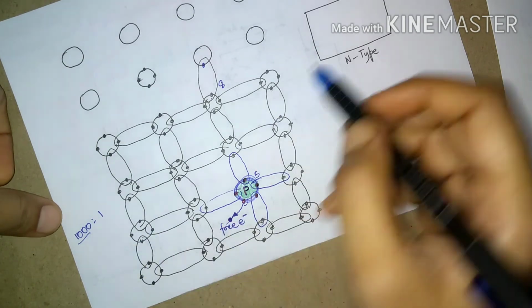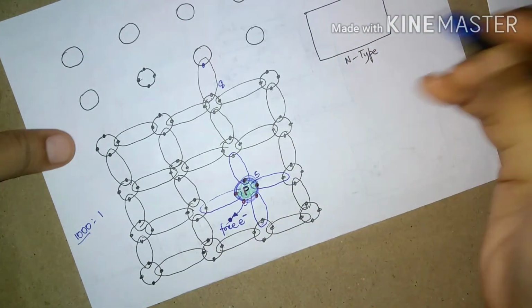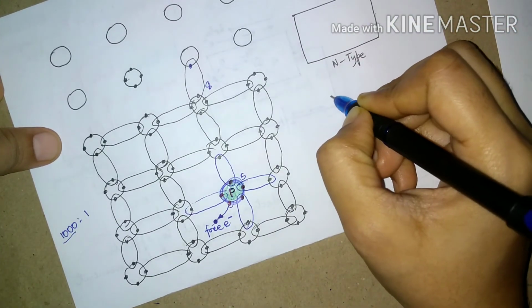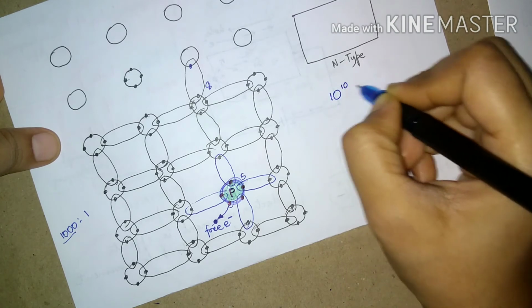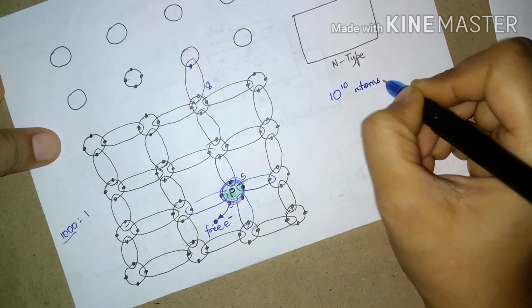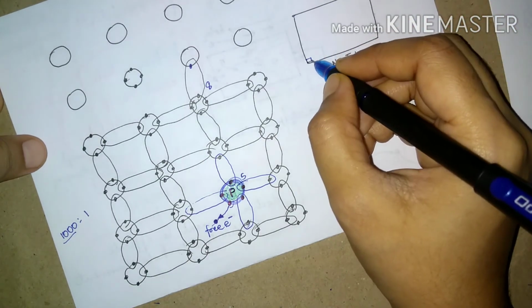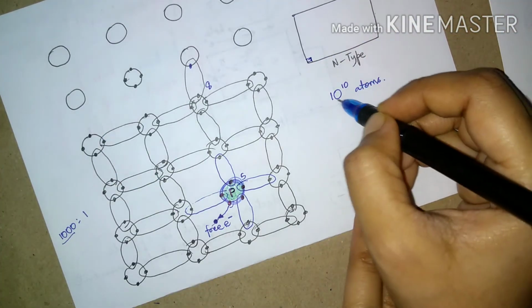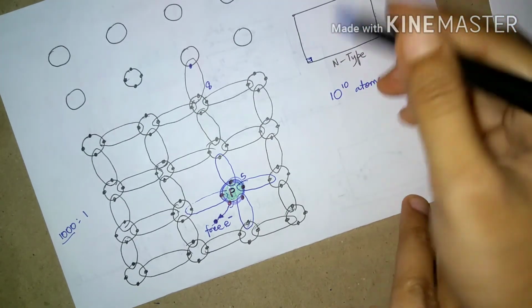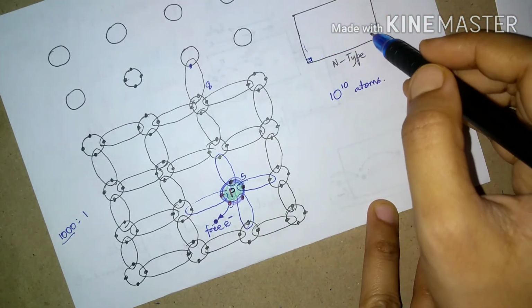So like that, if this particular piece has some 10 to the power of 10 atoms in it, which is very very small. In physical size it may be this much, so some billions of billions of atoms should be present in this.